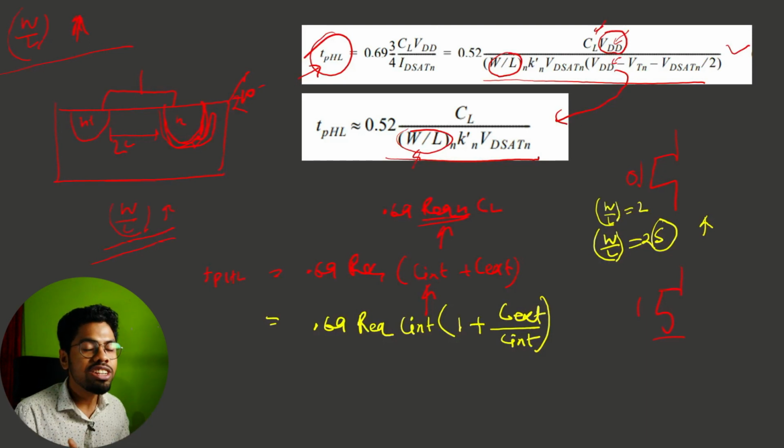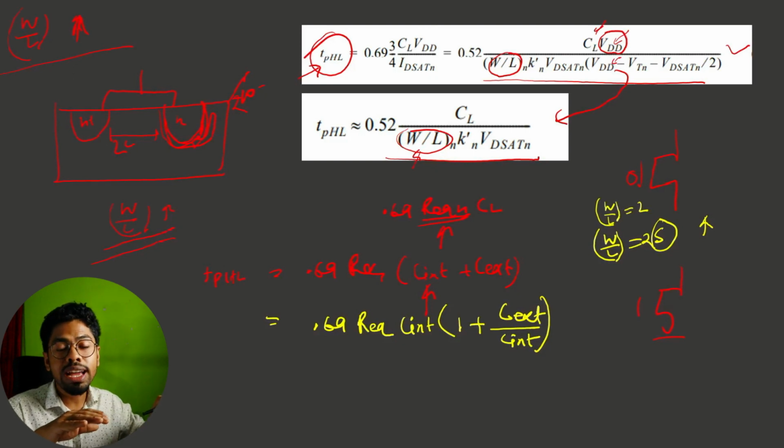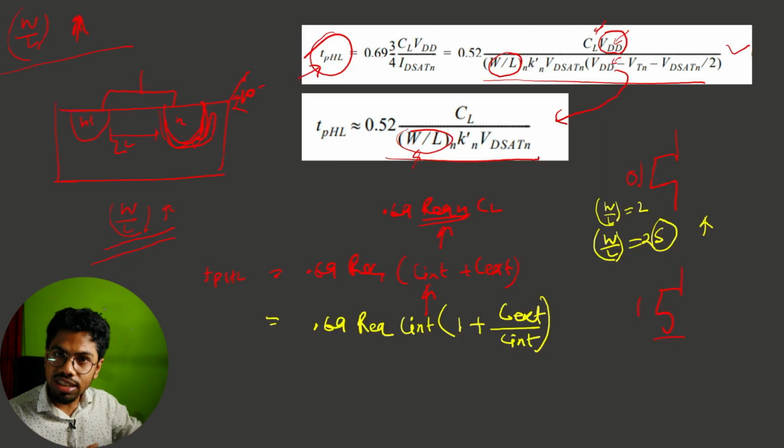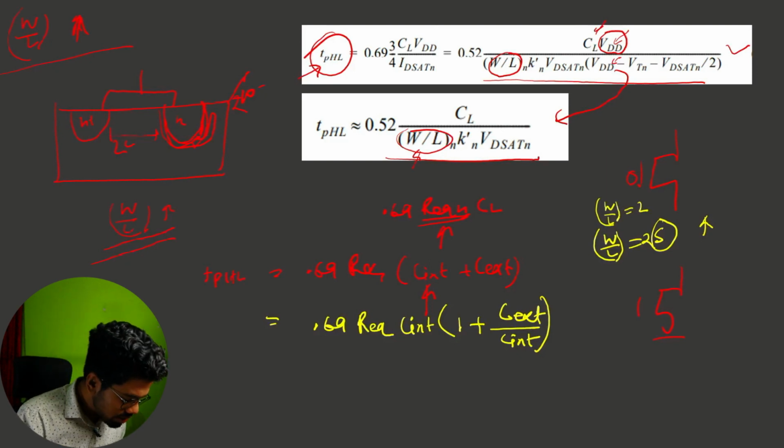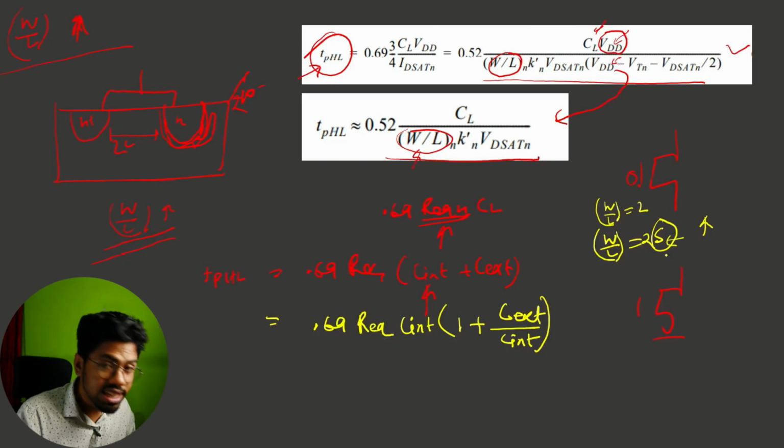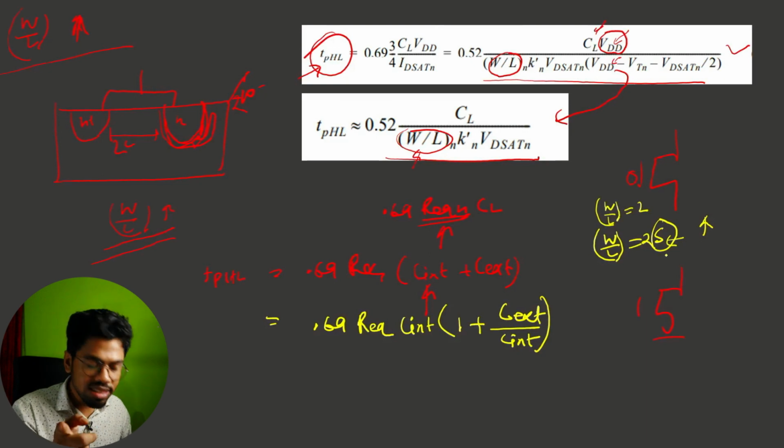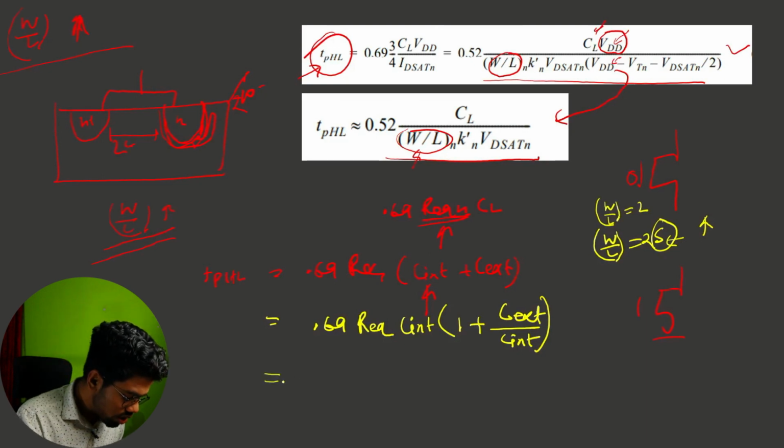But by intuitive sense also, your capacitance is directly proportional to the area, but your resistance is inversely proportional to the area. So that means if I keep this S as our sizing factor, your delay equation will be R equivalent.